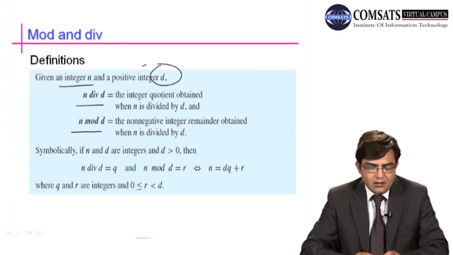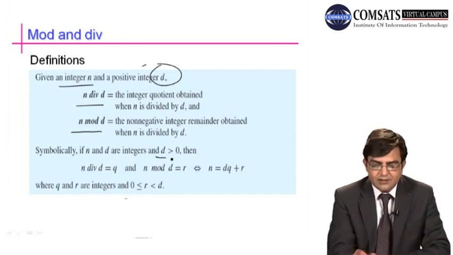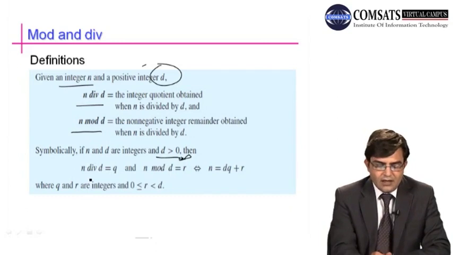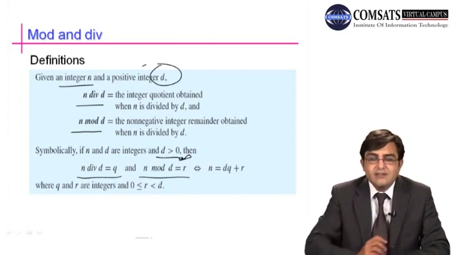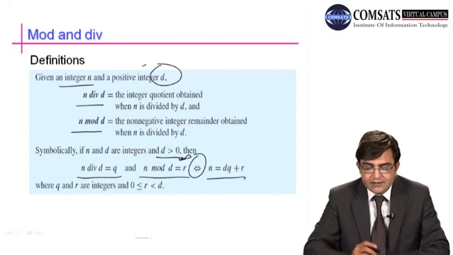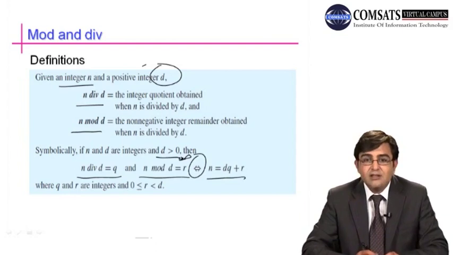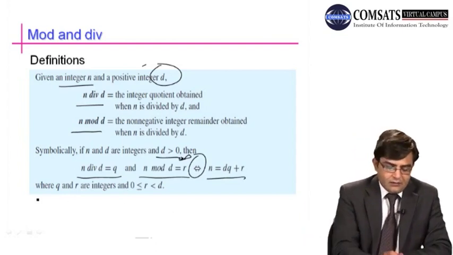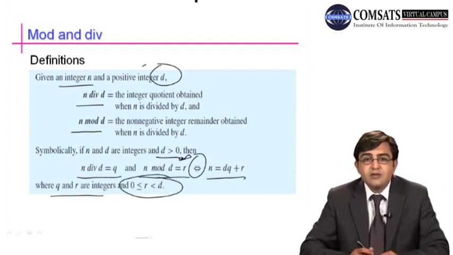Symbolically, if n and d are integers and d is greater than 0, d must be positive, then n div d is the quotient and n mod d is the remainder if and only if n is equal to dq plus r, which we have seen in the division algorithm, where q and r are integers and r must be greater than or equal to 0, but must be less than the divisor.